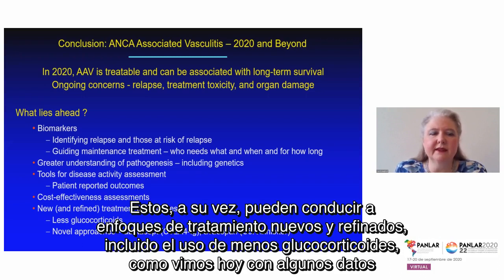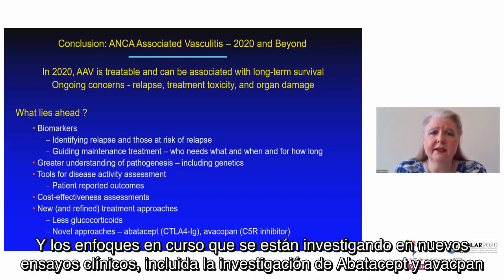These in turn may lead to new and refined treatment approaches, including the use of less glucocorticoids, as we've already seen some data for, and the ongoing approaches that are being investigated in novel clinical trials, including the investigation of abatacept and avacopan.